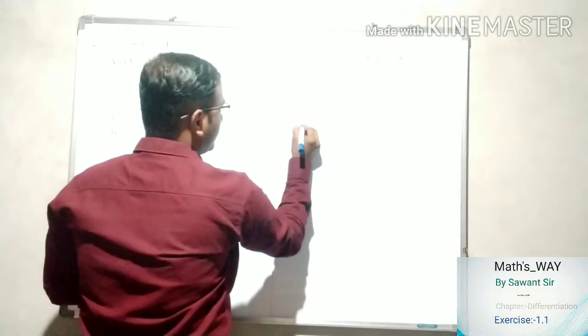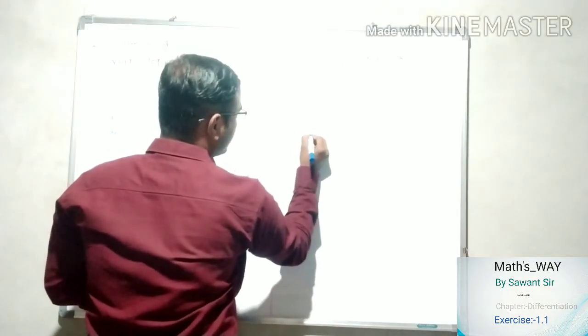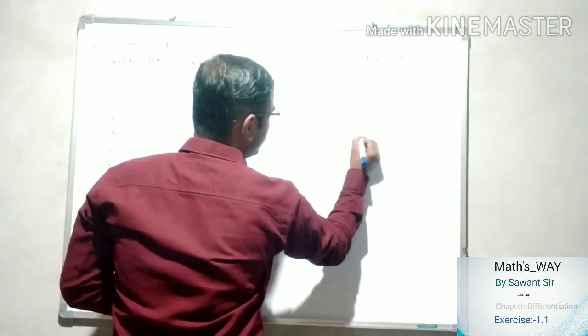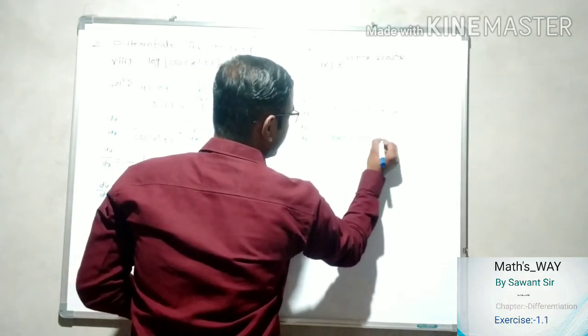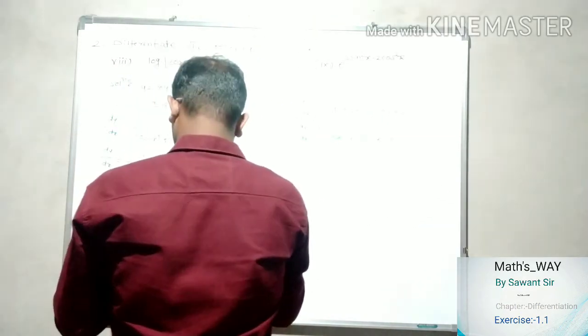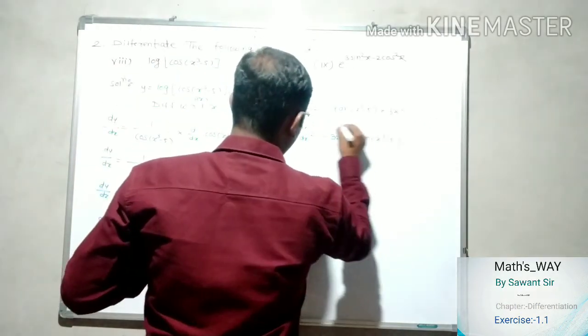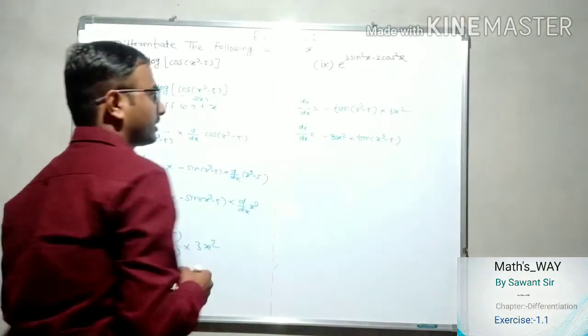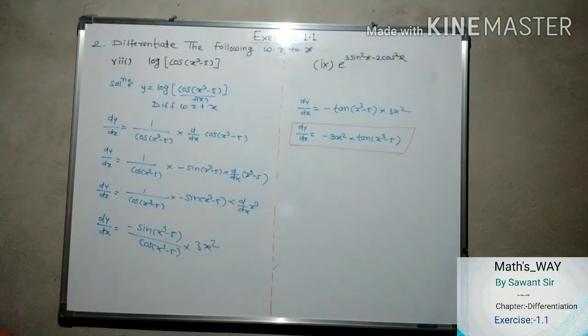So dy by dx is equal to minus 3x square into tan of x cube minus 5. So this is our final answer.